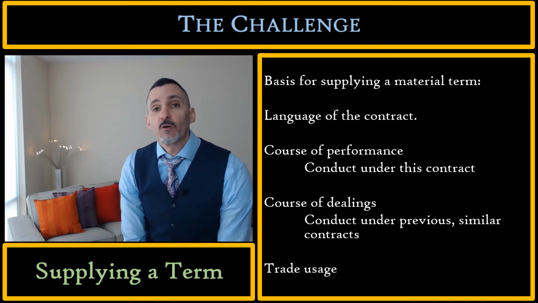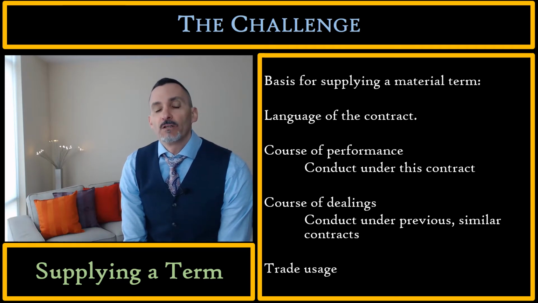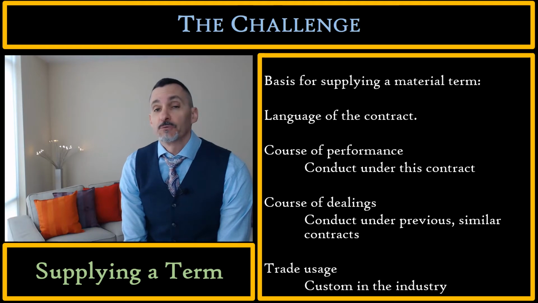Otherwise, we could look at course of dealings. Maybe the parties have entered into similar contracts in the past, and we look at how they dealt with the missing material term in the past. Otherwise, trade usage, which is custom in the industry, might give a basis for the court to supply a material term for the parties.